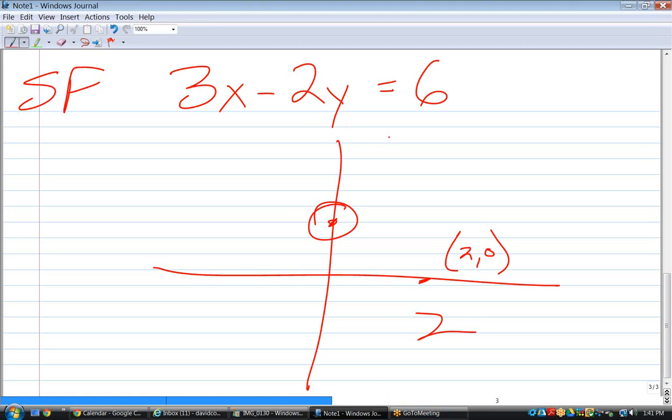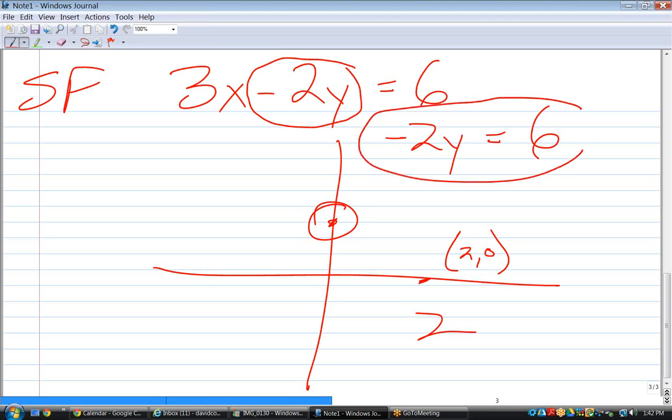No. When you put 0 in for x, you're left with minus 2y equals 6. So what's y equal to? y is equal to 3.